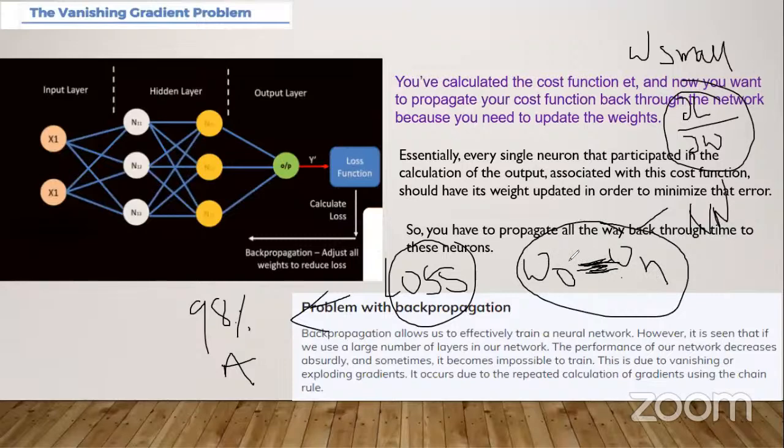If I am not making any significant changes in my weights, my model will not be able to learn. That means I am not optimizing in a better way. Optimization is not happening, and my loss is not getting reduced. That is the simple concept behind the vanishing gradient descent, guys.